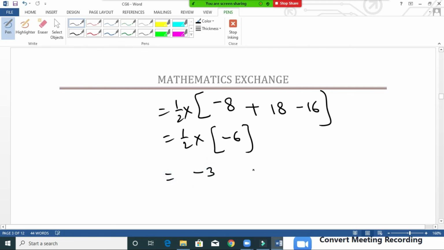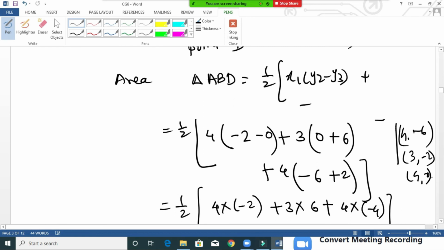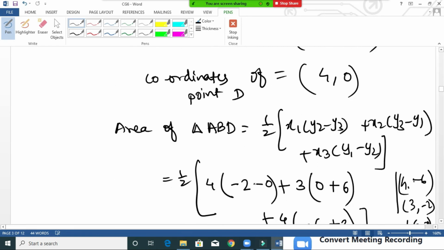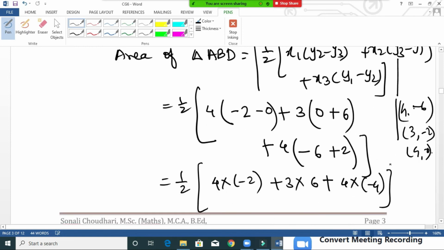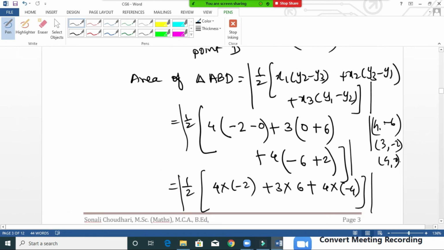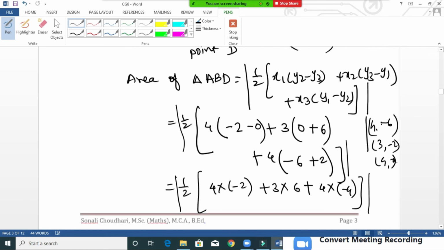Now area of a triangle can never be negative, so we have to put the modulus sign here. In the area of a triangle we have to put the modulus sign, because area of a triangle can never be negative and modulus of any value becomes positive. It may be either negative or positive, so modulus of a negative is also positive.